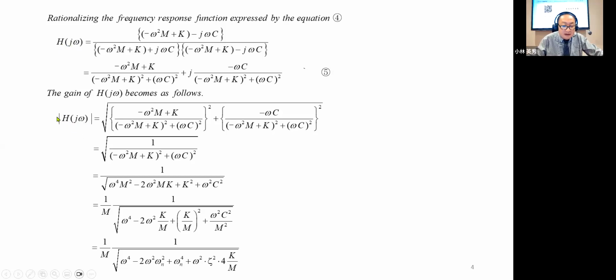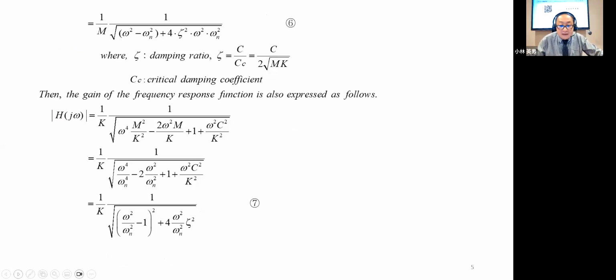The gain of the FRF becomes like this by the calculation. Then finally, we get this for the gain of the FRF. Here we use theta, which means damping ratio, C over Cc. Cc, this small c means critical. So Cc means critical damping coefficient.